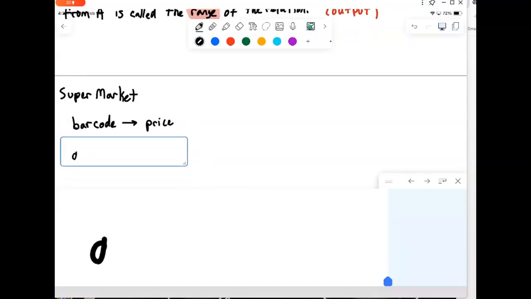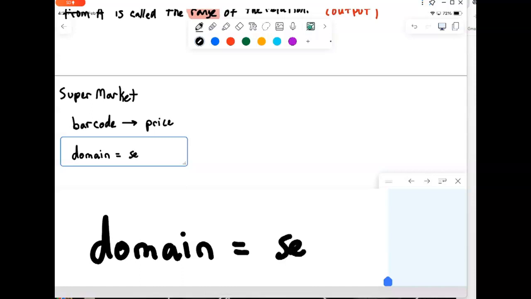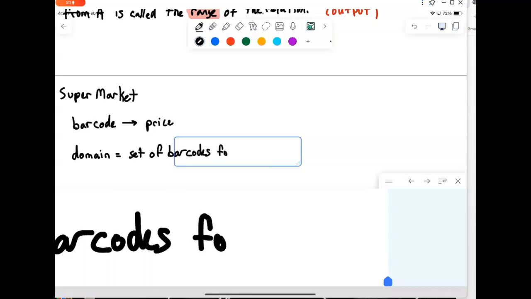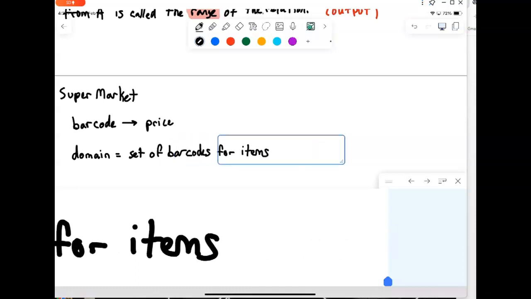So the domain here, in this particular problem at the supermarket, would be equal to the set of barcodes for items the market sells.